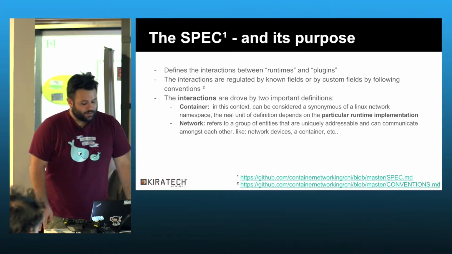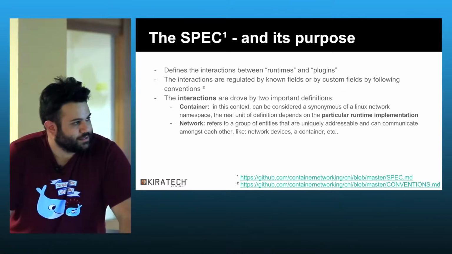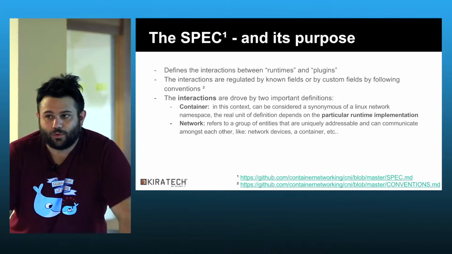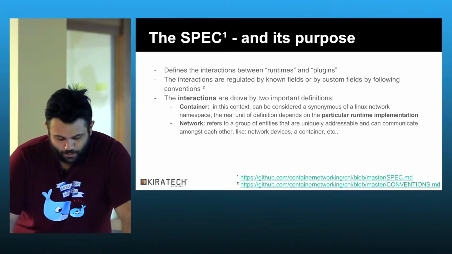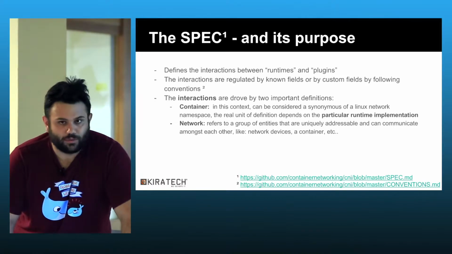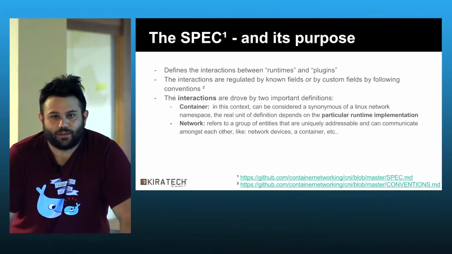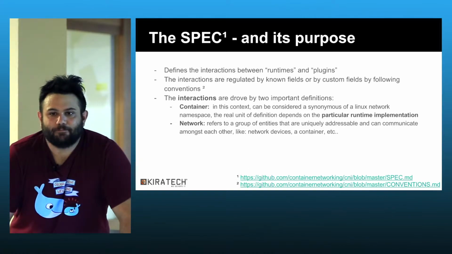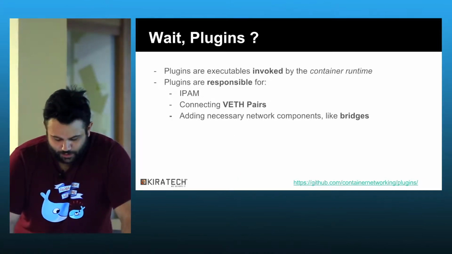And there's the network definition, which is basically the group of entities that can be addressed by CNI to configure the network inside the container. So all the devices, the network cards, which are not even virtual, but are just defined in that specific namespace.